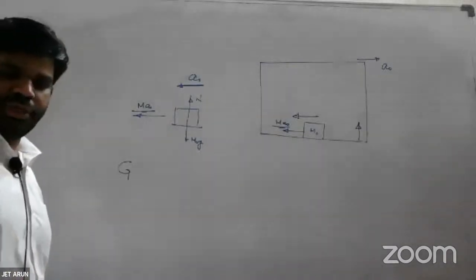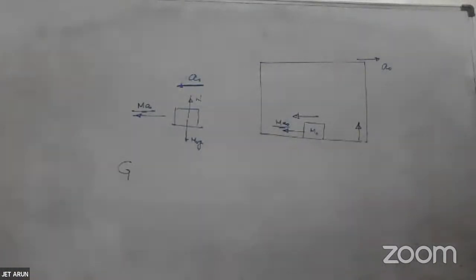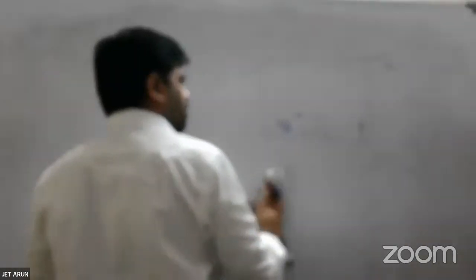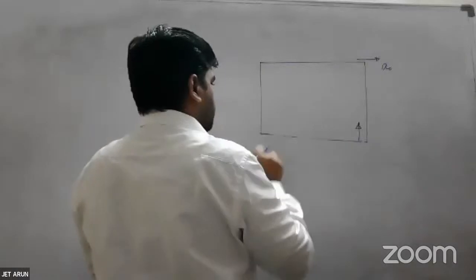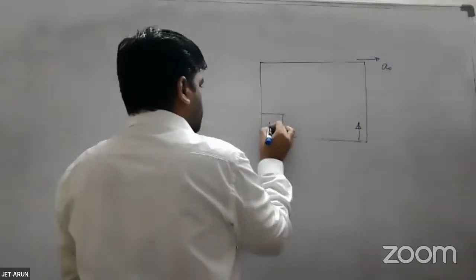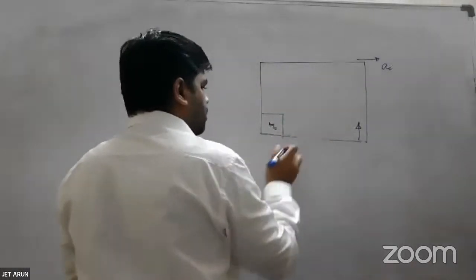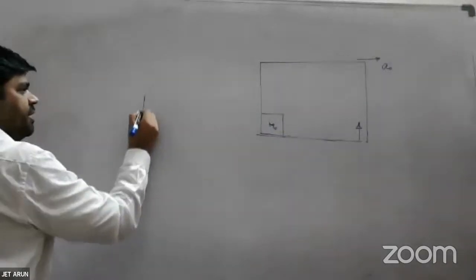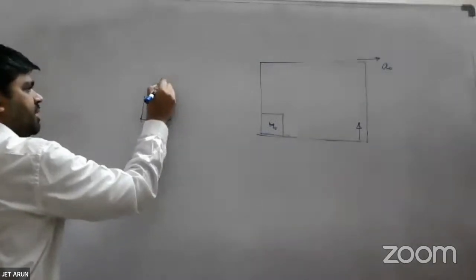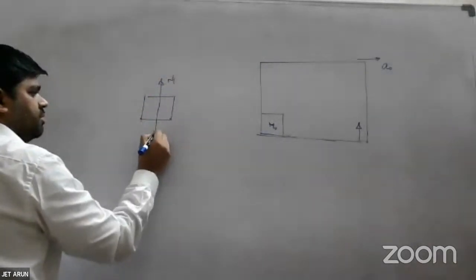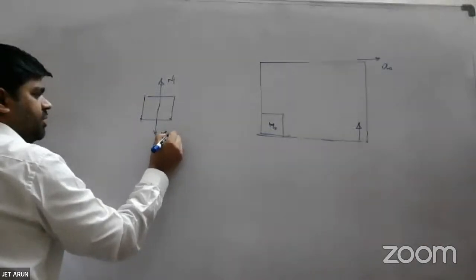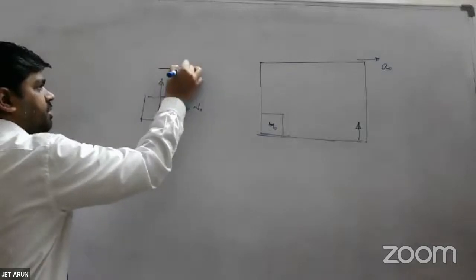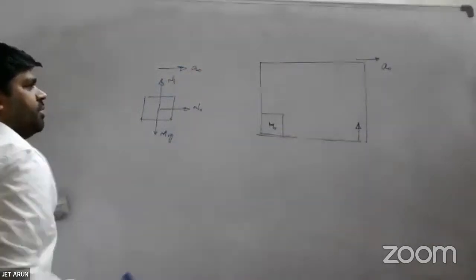Now let's say I've got the same block placed over here, and this is accelerating towards the right. If I draw the FBD now, I'll have one normal reaction like this, N1, m0 g, another normal reaction like this, N0, and acceleration a0.